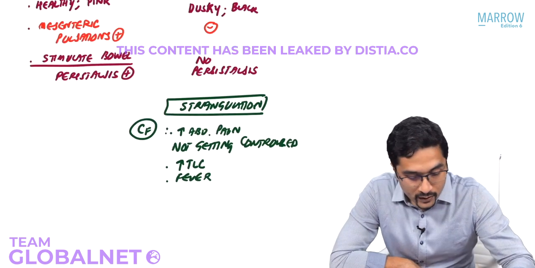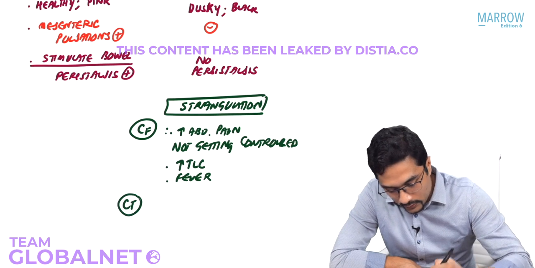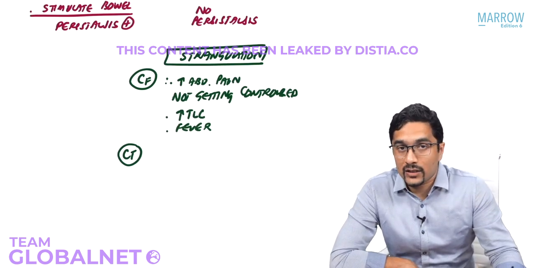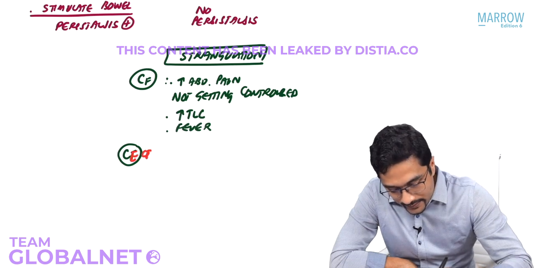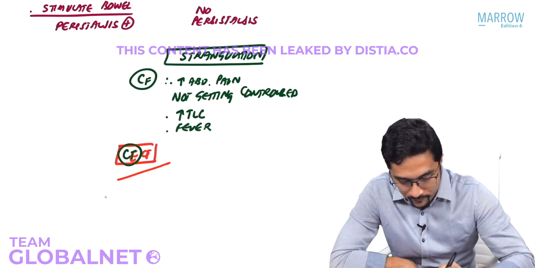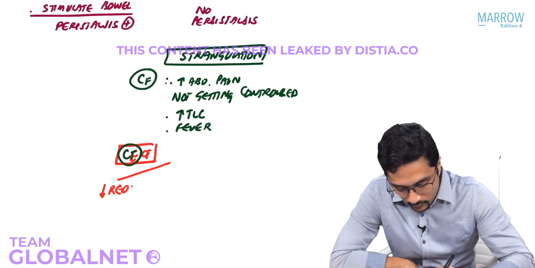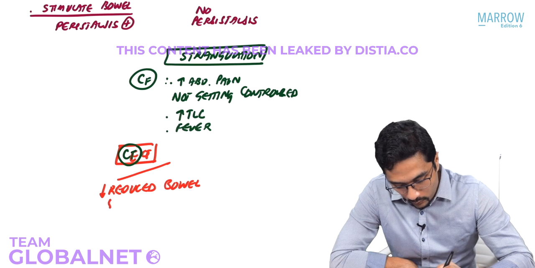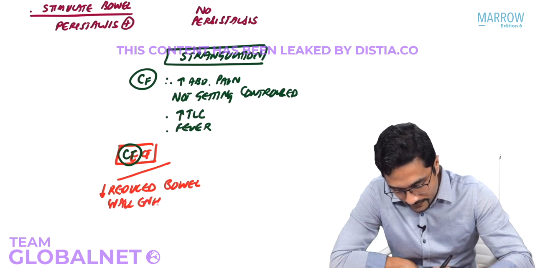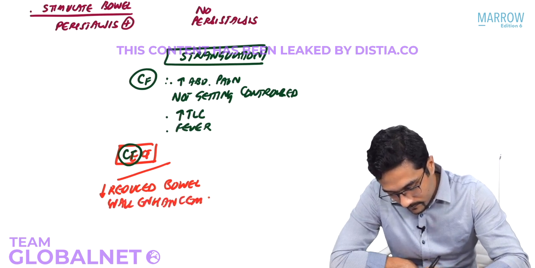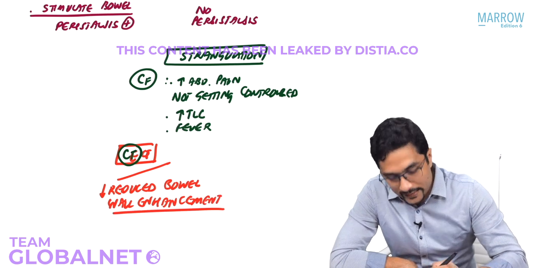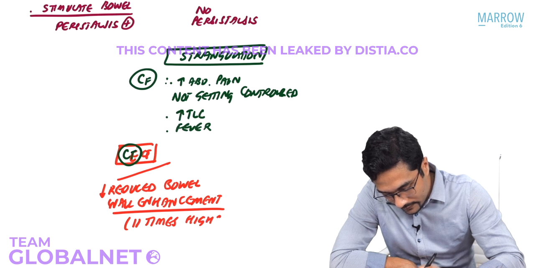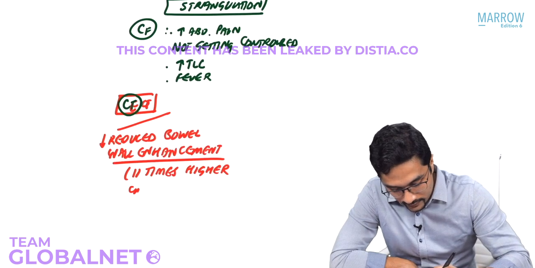There will be fever. Of course, CT also, there are two findings which will tell us whether the patient has a strangulation or not. So on CECT, there are two findings which you should know about. If there is reduced bowel wall enhancement on CECT, then there is an 11 times higher chance of strangulation.